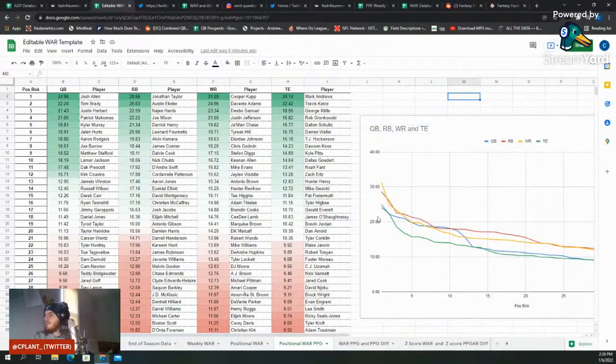Oh, okay, yeah, it is showing it. It's correct. So, Mark Andrews right here, and then the third receiver is here. So you can see that they're very close. So yeah, where was I?